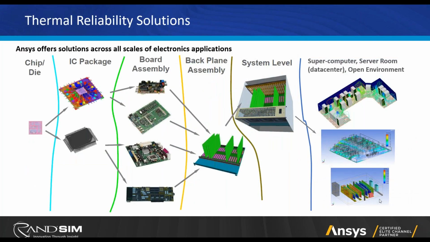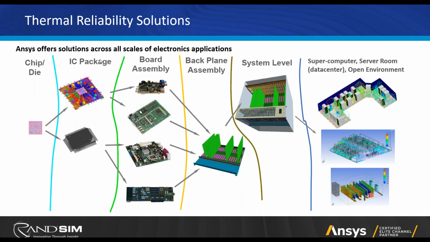So this is a little bit more about all the different scales which IcePak can work on. We can go from chip design, chip layout, all the way to a big server room or maybe a cell phone base station.